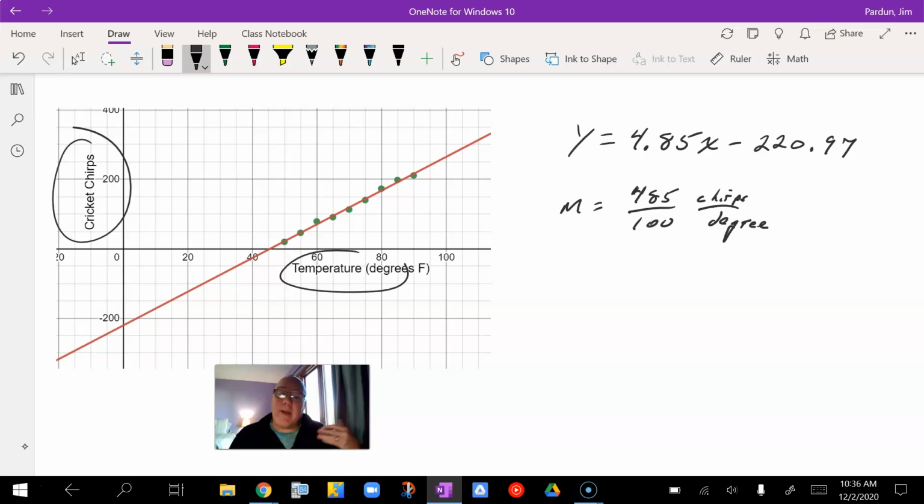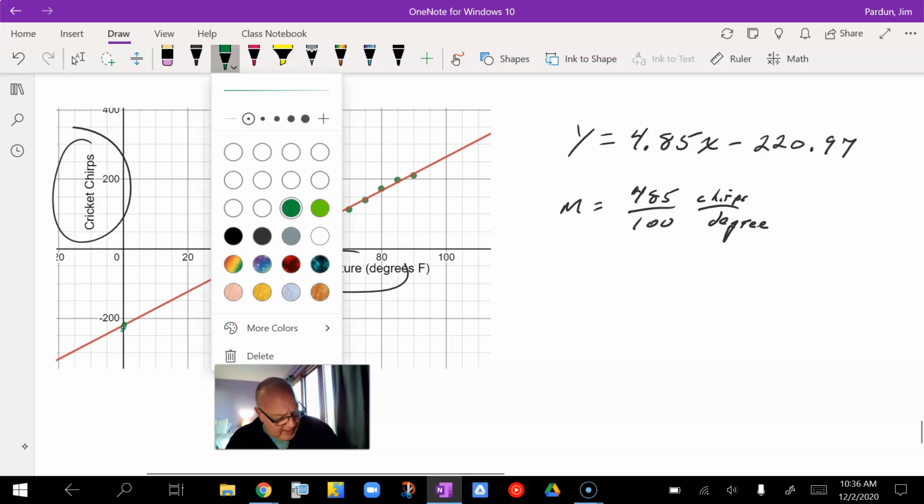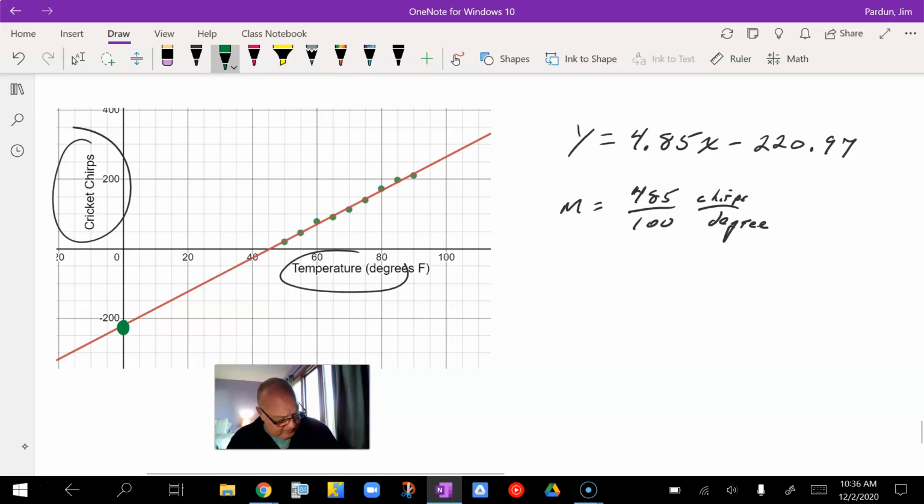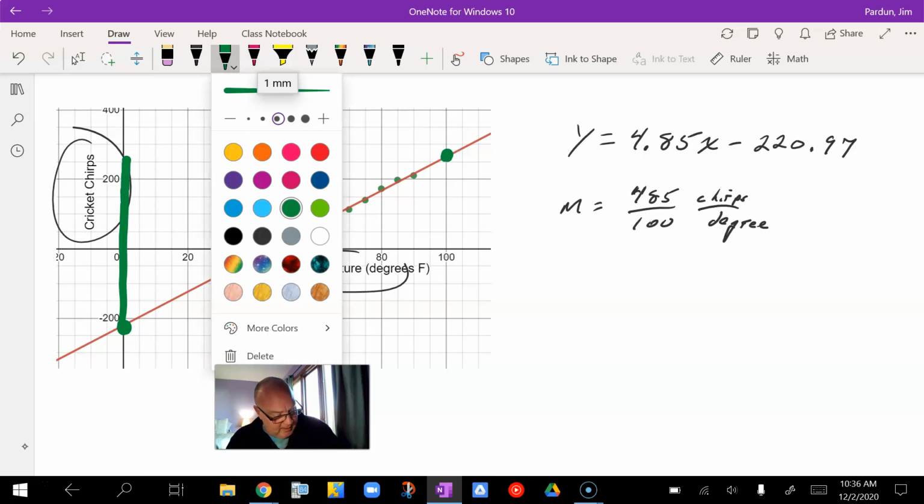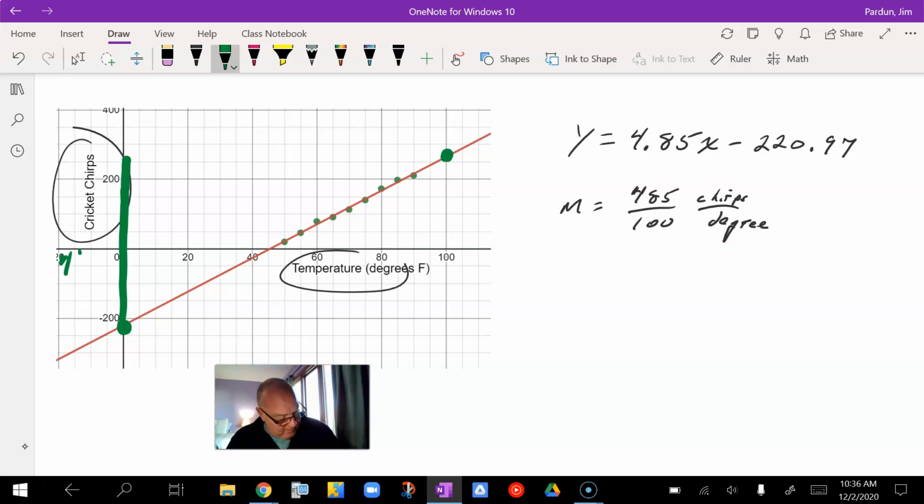So another way that this might make a little bit more sense is I can say for every 100 degree increase in temperature, the number of chirps is going to increase by 485. That's good, but how often do we have a 100 degree temperature increase, right? So if we look at that graph here, this rise right here is going to be roughly 485, and the run is going to be 100. 485 chirps for every 100 degrees.